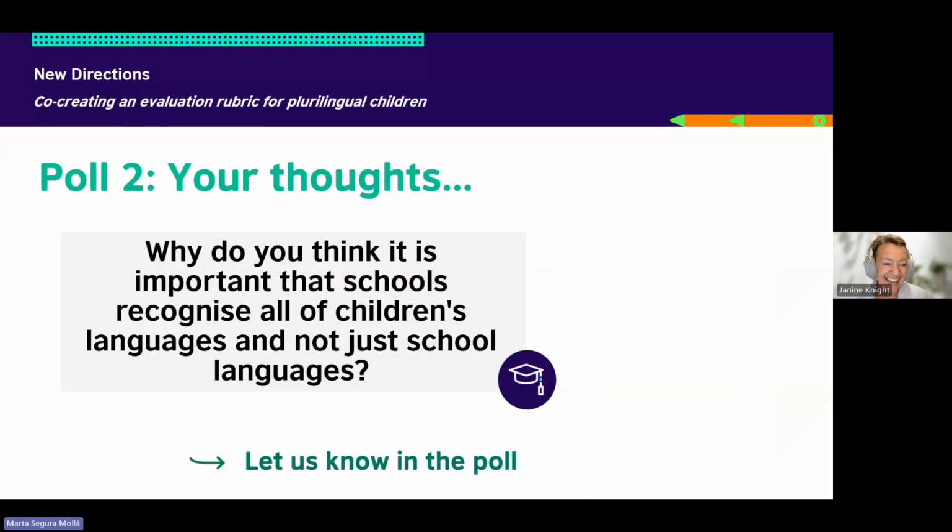So now I have outlined some reasons why we thought it was important to recognise all of the children's languages. And now we want to have your thoughts of why it is important. So why do you think it is important that schools recognise all of the children's languages and not just school languages? So please let us know in the poll that has appeared in the chat.